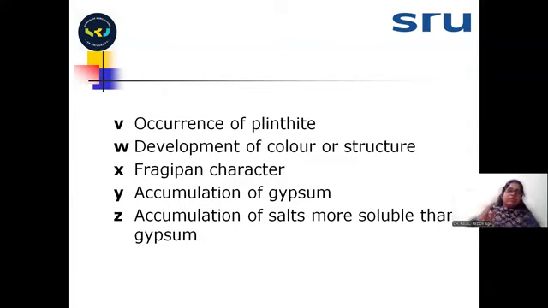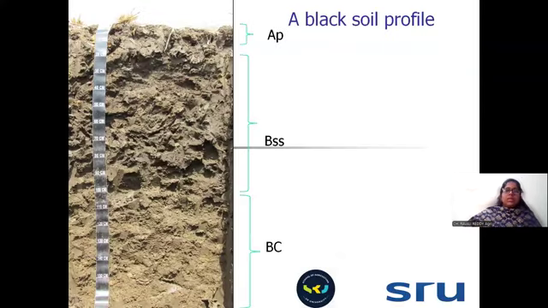So all these are used for characterizing the horizons. You can see here one example of a soil profile of black soil. Here they have given capital A and small p. Capital A is nothing but top soil layer, and small p indicates the plowing or soil disturbances which are occurring. So how is it depicted? You can see here.